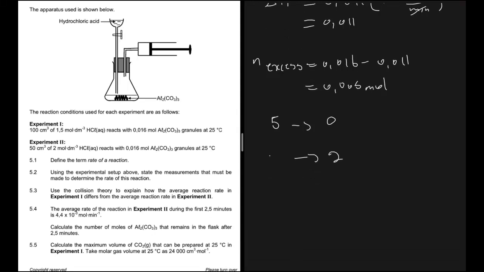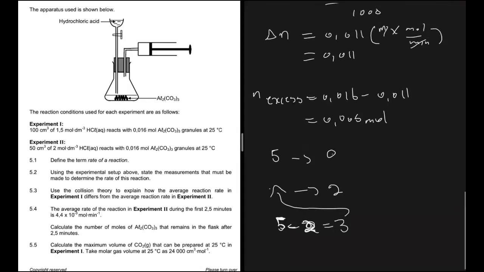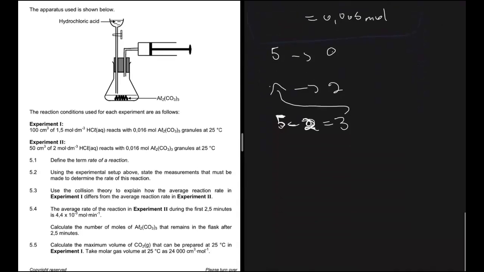You're going to subtract the change in the apples you've eaten from the number of apples you started with. So you're going to say 5 minus 2, which will give you 3. And then the 3 will be the excess. So the same thing with this question. That's the same idea I'm using.